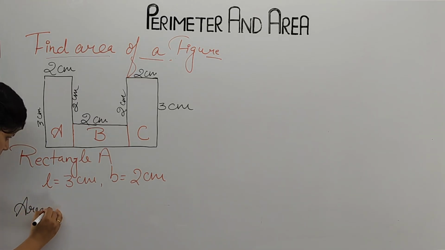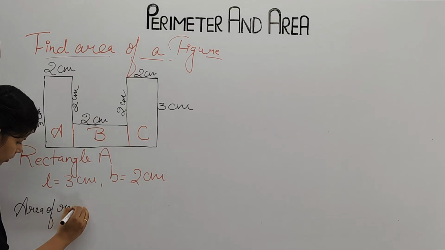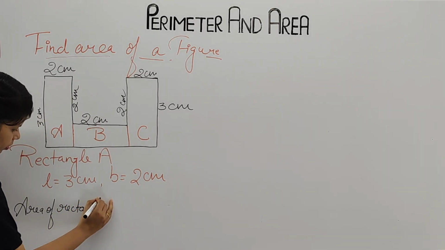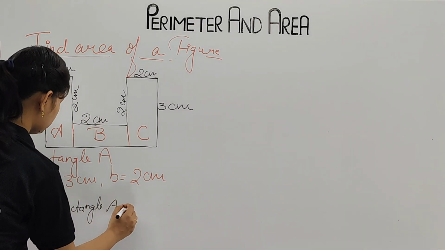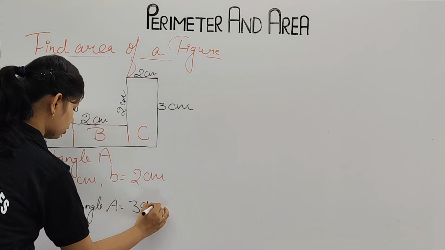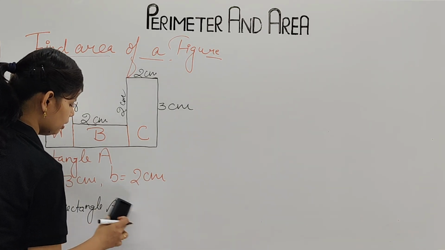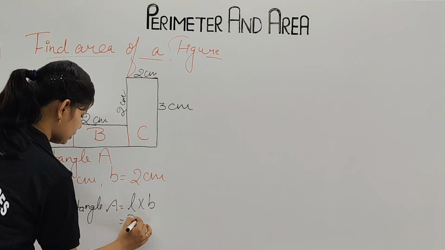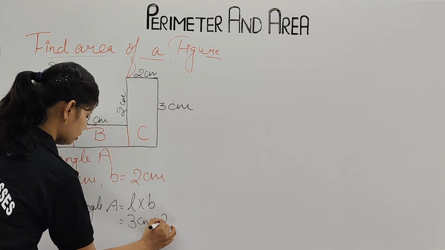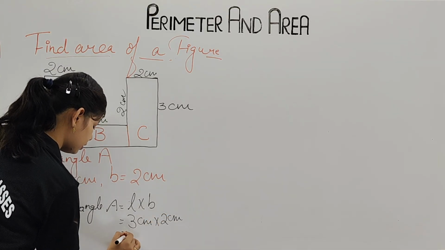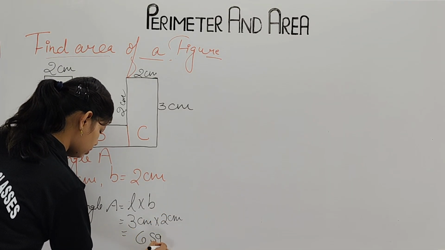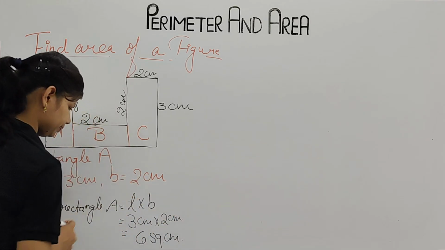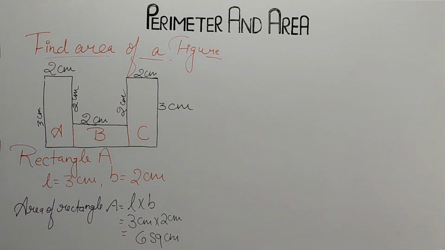Area of rectangle A equals what? Let's write the formula as well. Length multiplied by breadth. That means 3 centimeter multiplied by 2 centimeter. We get the answer 6 square centimeter. This will be our part A. Please note it down. Then we'll talk about rectangle B.